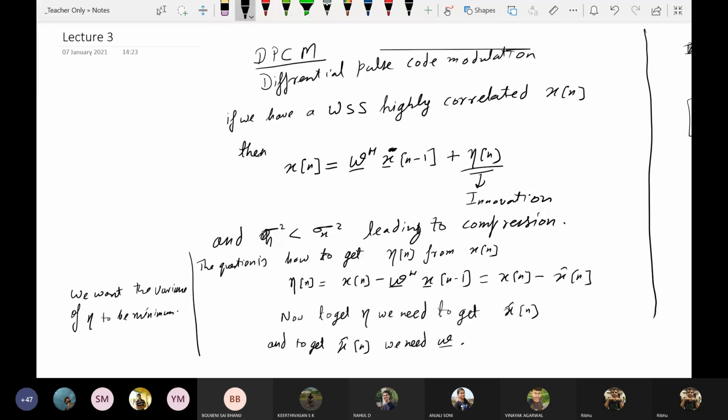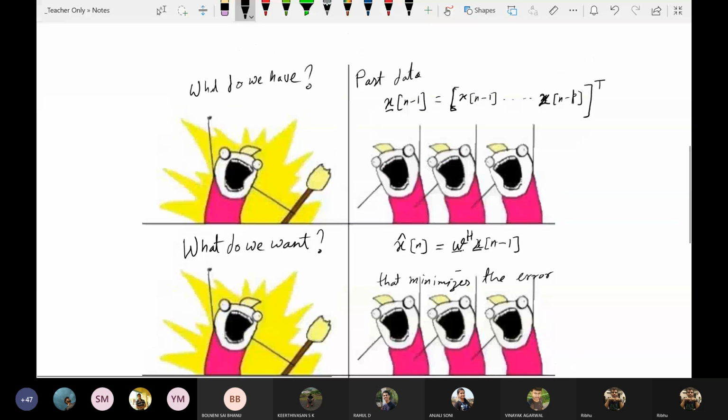Fine. So what do we have? We have past data. What do we want? We want x hat n, and in effect, we want eta n equals xn minus x hat n.